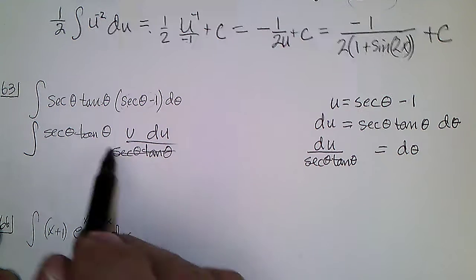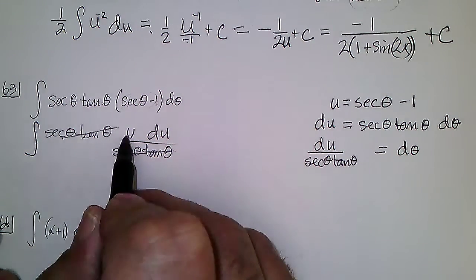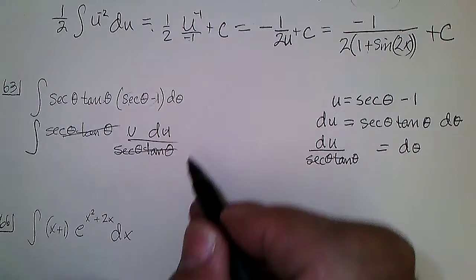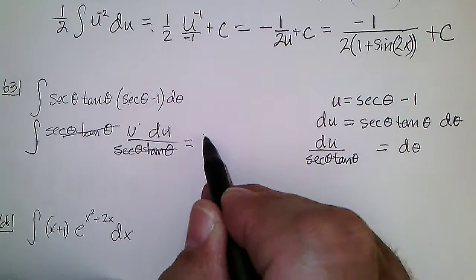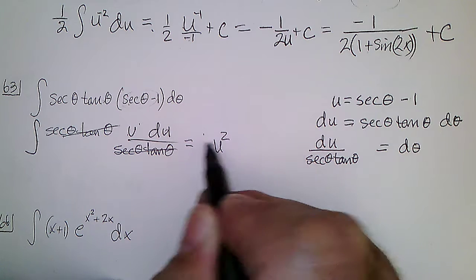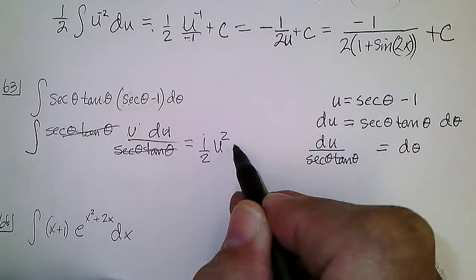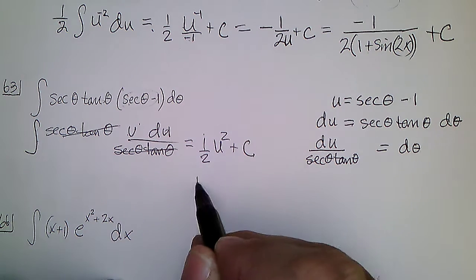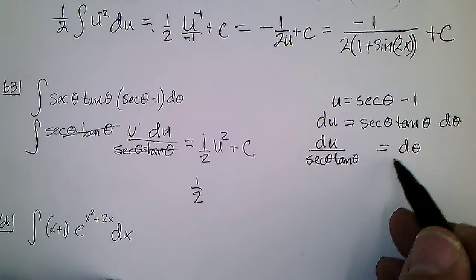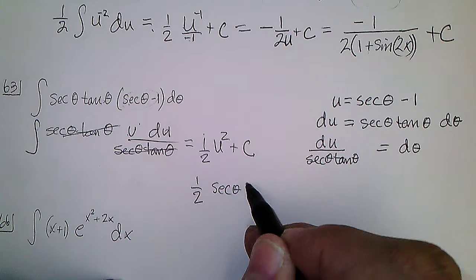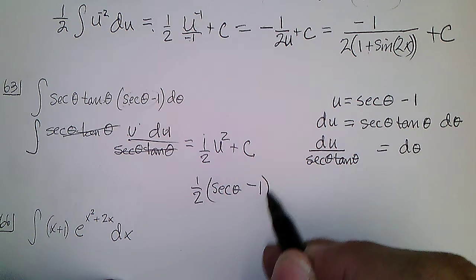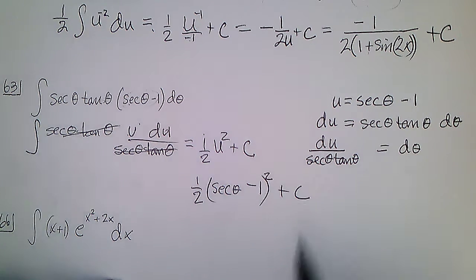So these cancel, and so I just got the integral of u du. Well, that would be, going from 1 to 2, that would be u squared and dividing by the 2 plus c, so it would be 1/2 u, which is secant theta minus 1 squared plus c.